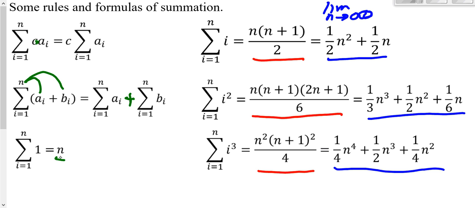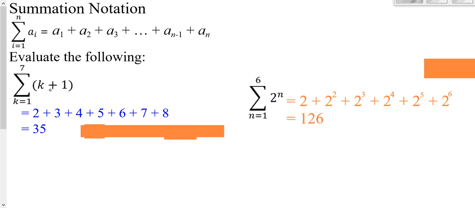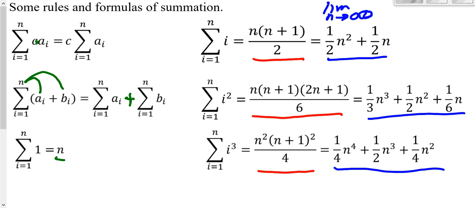If you have the sum of i, it's just what we have in these two formulas. The sum of i squared would be these two formulas, and the sum of i cubed would be the bottom two formulas.